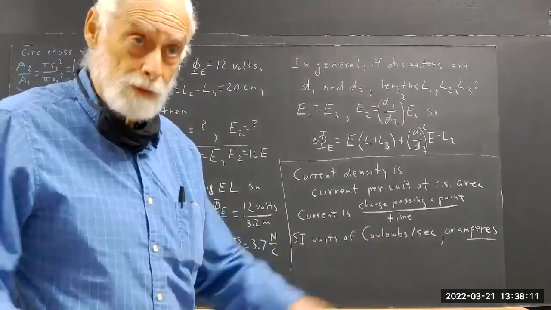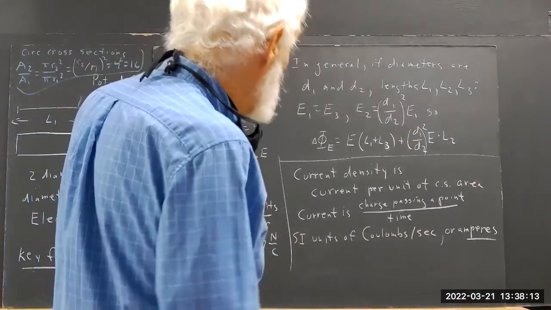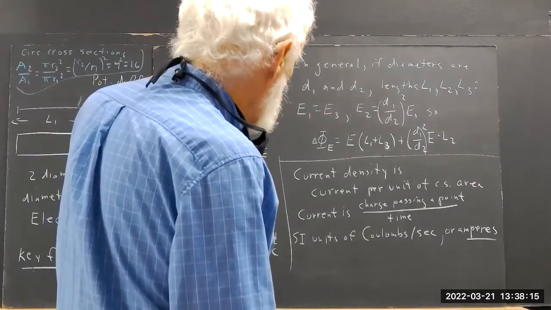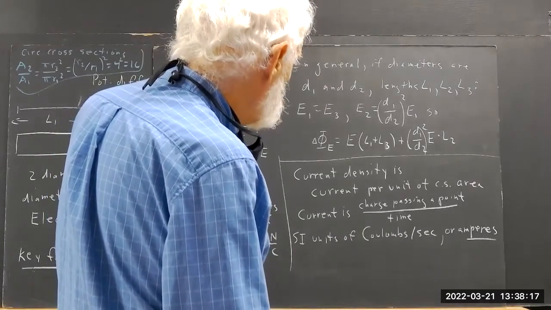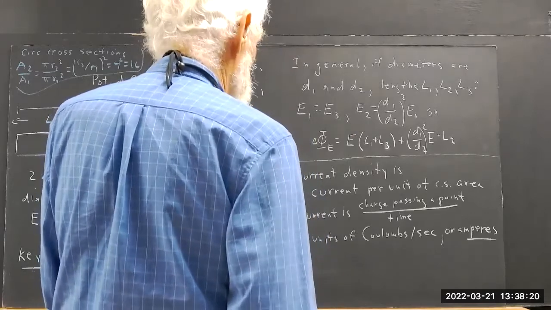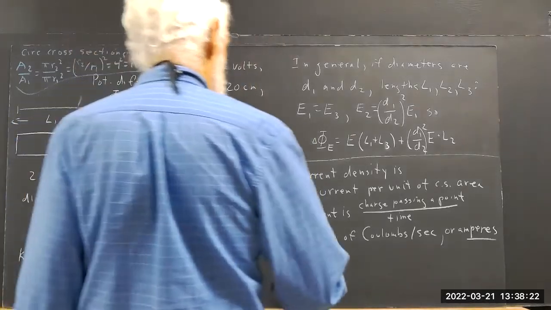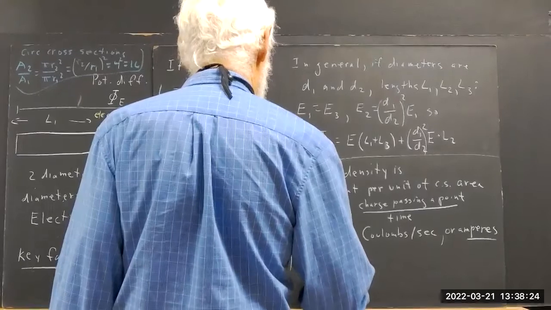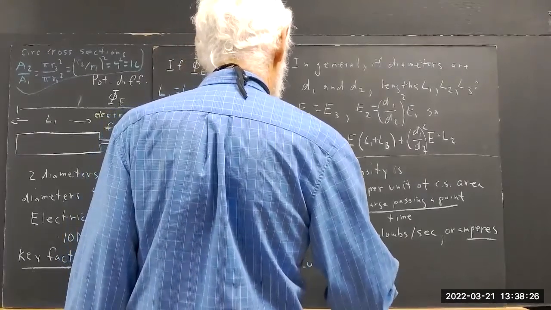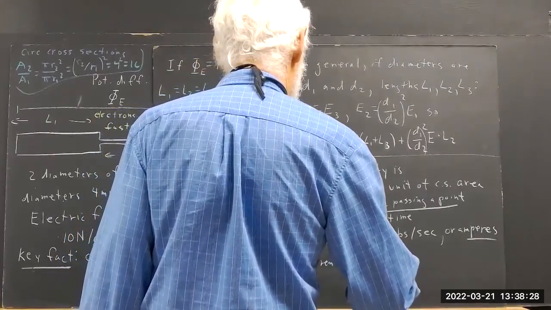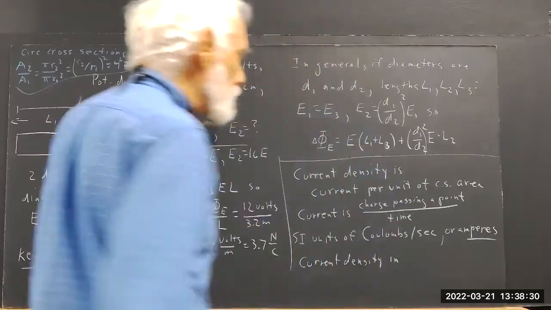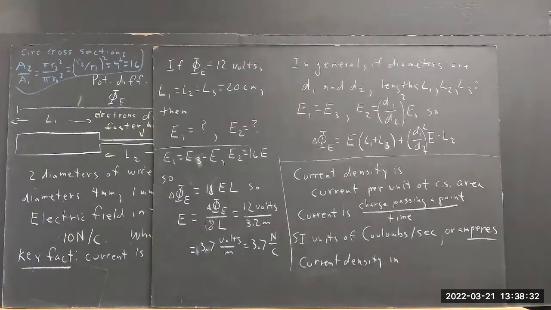You see that? Kind of important. Those are your SI units. And then current density: in what unit would you think current density would be measured?